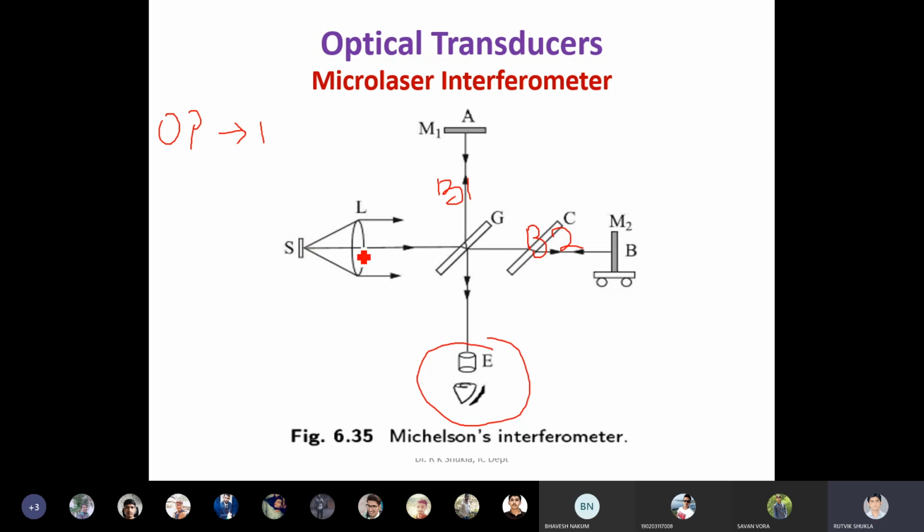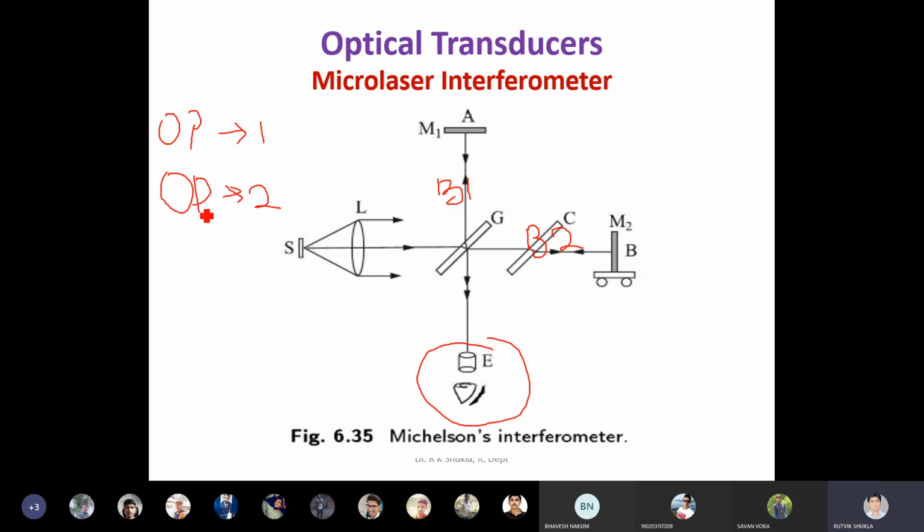So the light which comes from S goes into the beam splitter, strikes it, and comes back to E through the beam splitter. That whole path is called OP1. An optical path in which the light which is coming out of the source goes to the beam splitter, goes to the compensator, strikes the mirror M2, comes back to C, comes back to G, and ultimately falls on E. This is called optical path 2.